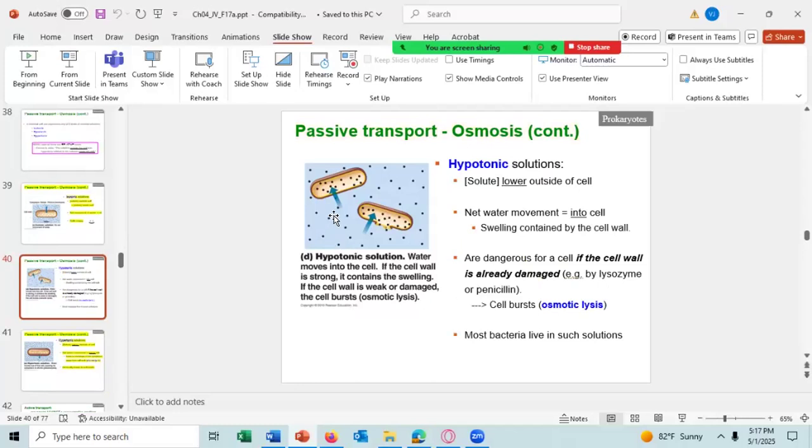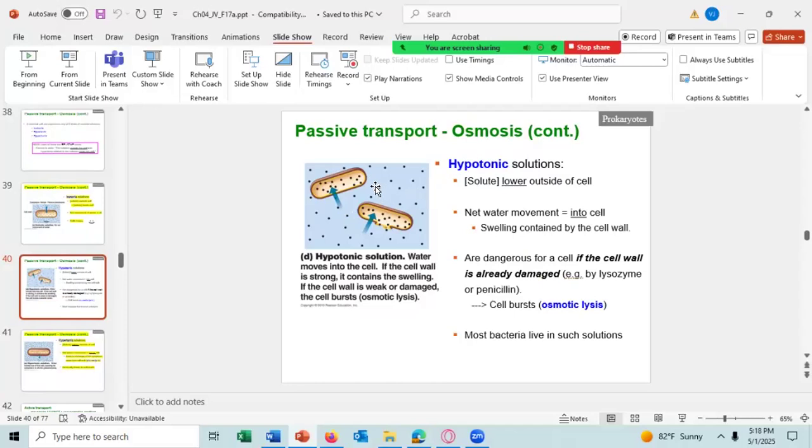If the solute concentration is lower outside the cell, that means the water concentration outside the cell is higher than inside the cell. So there will be movement of water from outside the cell to inside the cell in a hypotonic solution.